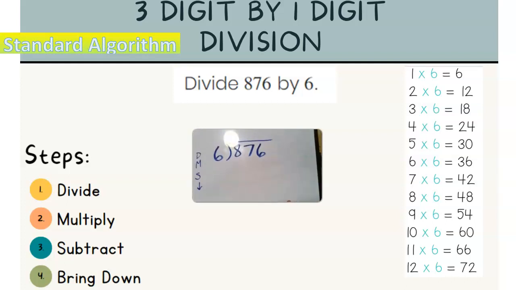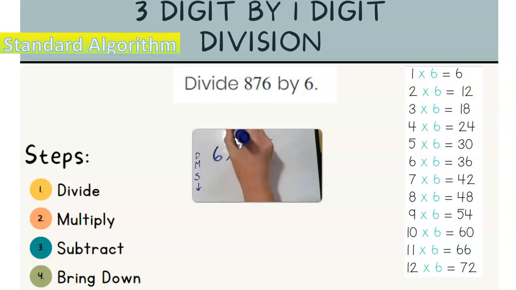So first, divide. Look at the first number of your dividend, 8. It is bigger than 6, so that means that 6 will go into 8. How many times does 6 go into 8? Well, 6 times 1 is 6. 6 times 2 is 12. I can't use the 2 because 12 is more than 8.